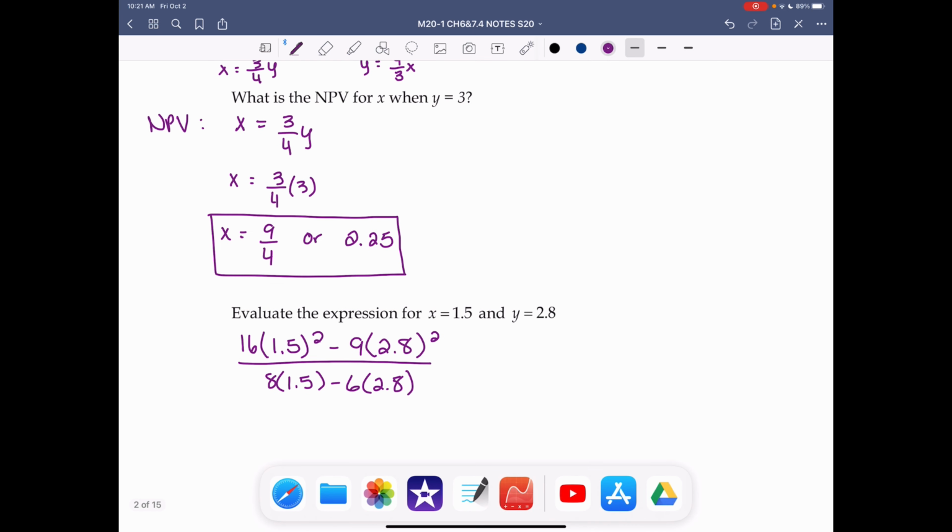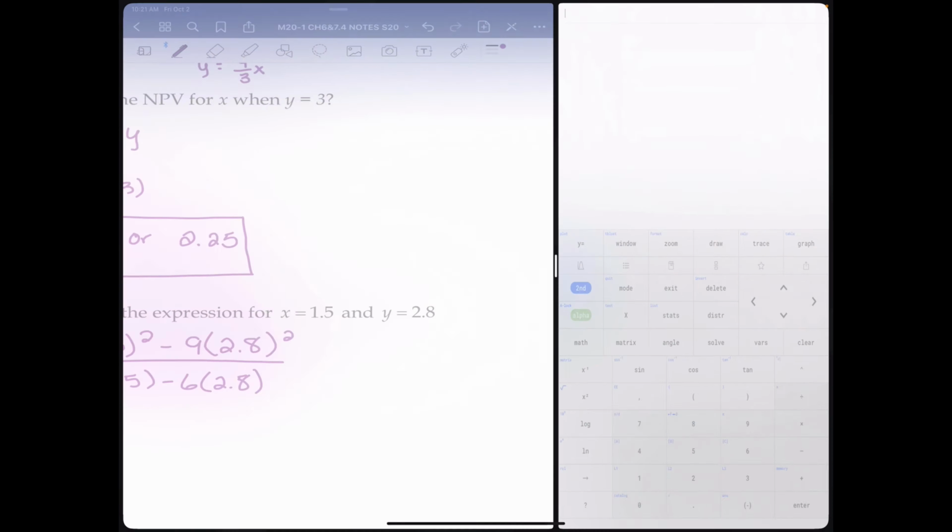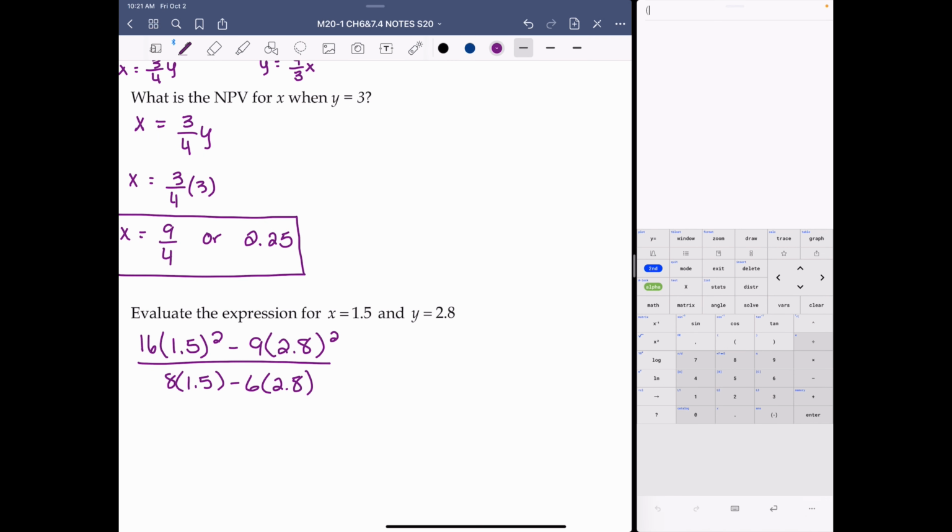And then we're going to calculate. Brackets for my numerator, 16 times 1.5 squared minus 9 times 2.8 squared, close brackets for the numerator, divide, open brackets for the denominator, 8 times 1.5 minus 6 times 2.8, close bracket for the denominator, and we get 7.2.